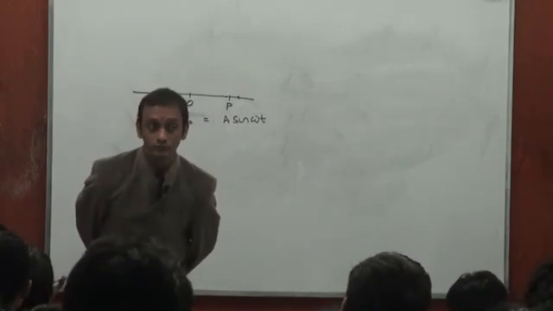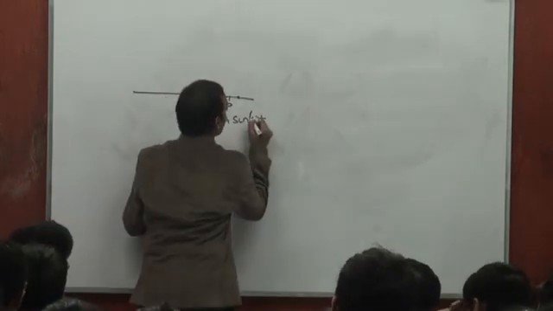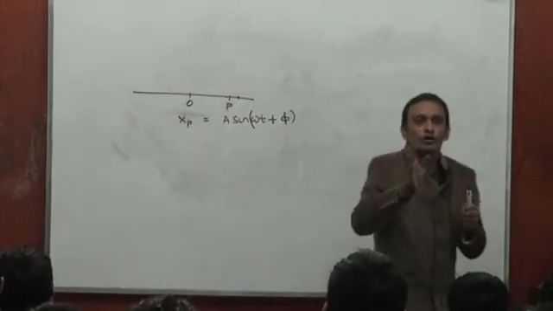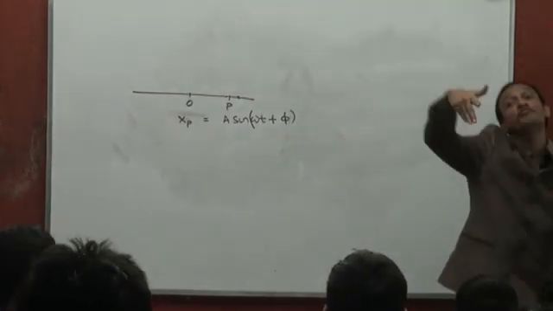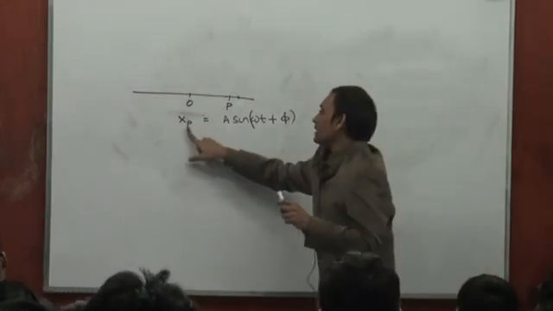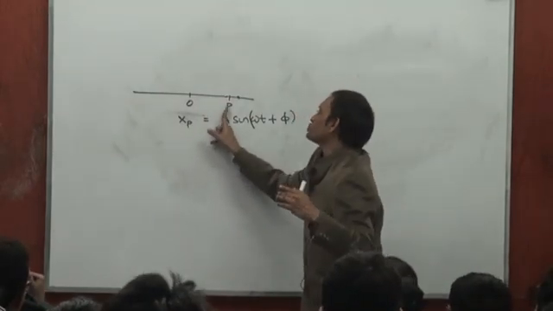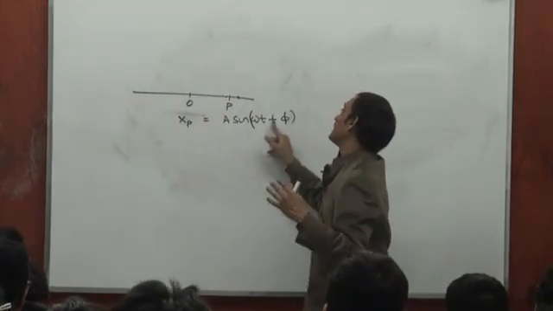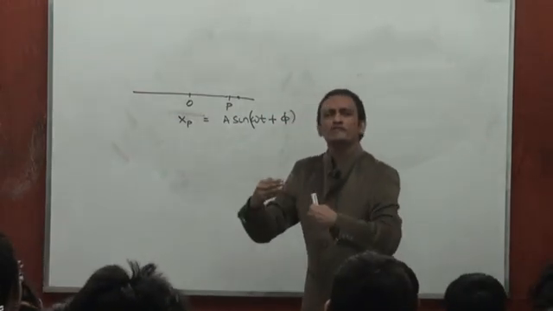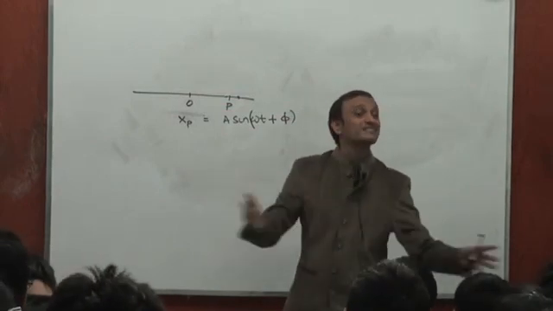Right? Or rather, different observers will give you different values of phi for the same A and same omega. Therefore, there is nothing like an absolute phase. There is nothing like an absolute phase. So, let's say some observer put the motion of P as xp equal to A sine omega t plus phi, and he calculated phi on the premise of a certain position of P at a certain instant of time and its direction of motion.